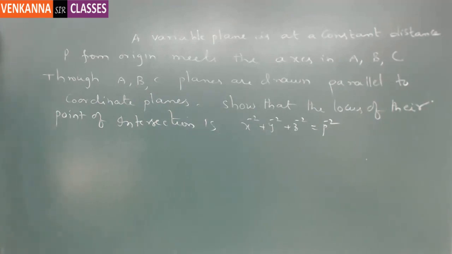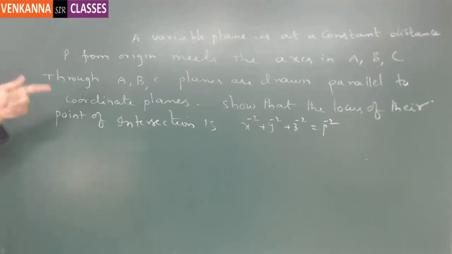Now it is further given that from those intercepts A, B, C, you have to draw the planes which are parallel to the coordinate planes. It means that from the first point A, you are going to calculate the equation of a plane passing through A and parallel to a coordinate plane.